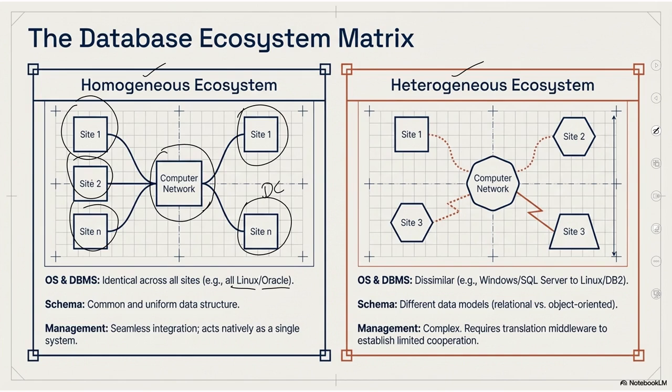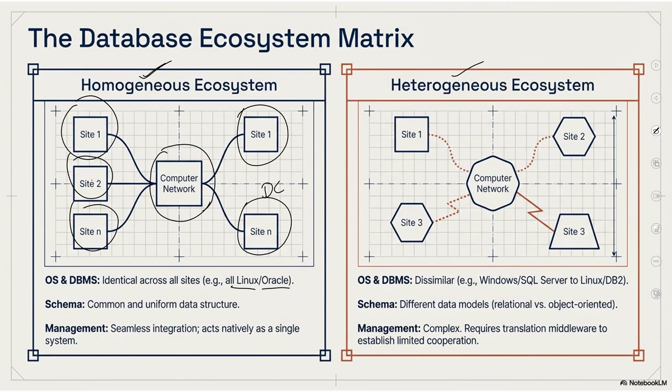This is called a homogeneous ecosystem. Common and uniform data structures are followed in all the different data centers.